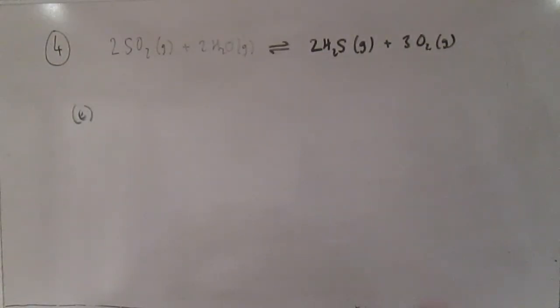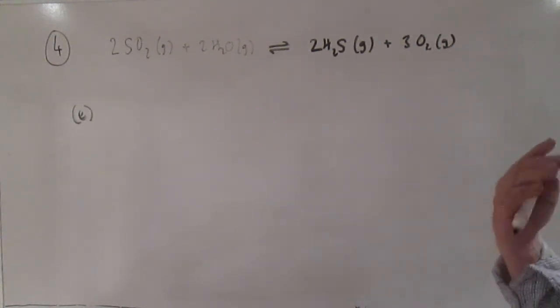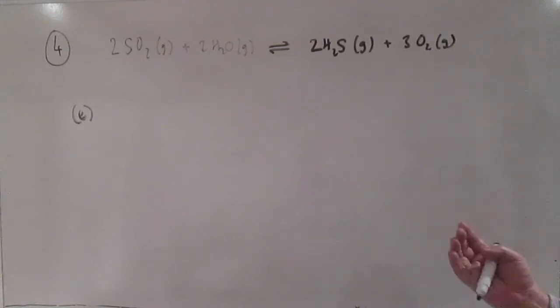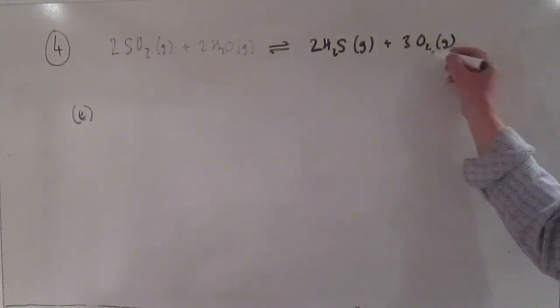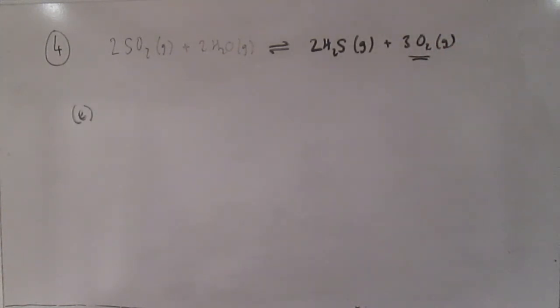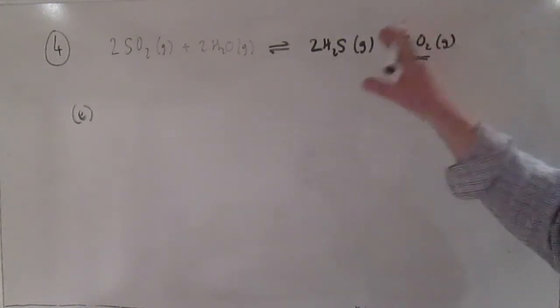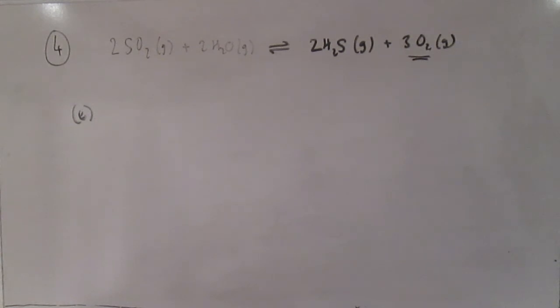Part E introduces yet another thing that's going to result when the gases reach the surface, which is that they're going to mix with air. And of course air contains oxygen, which is part of the equilibrium. So whenever you change the amount of any one of these substances, that's going to shift the equilibrium to oppose the change.